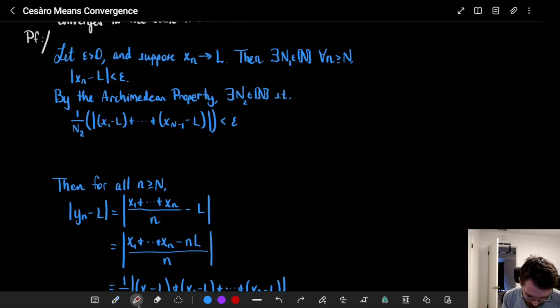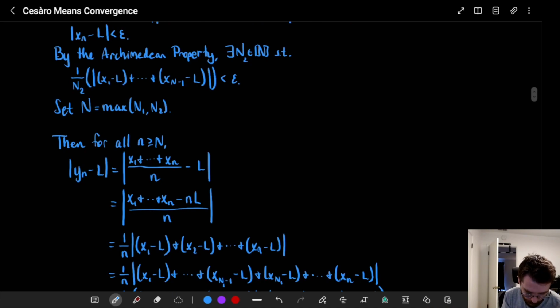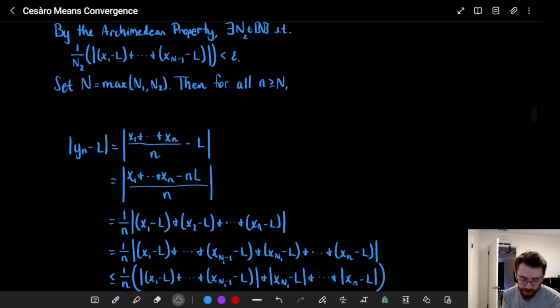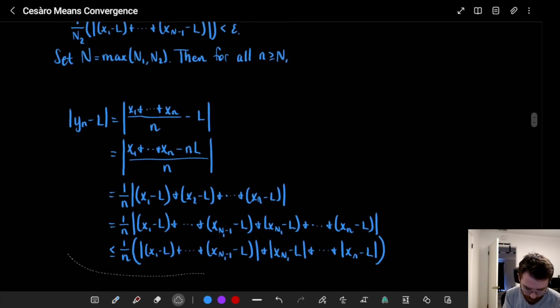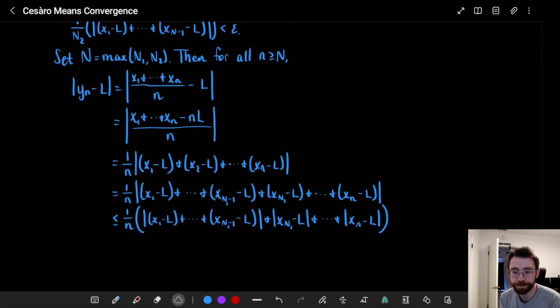So on the next line, set n equal to the max of these two big indices, n1 and n2. Then for any little n bigger than that, all of my inequalities should hold. Let's see if they do. Now the steps are working out.